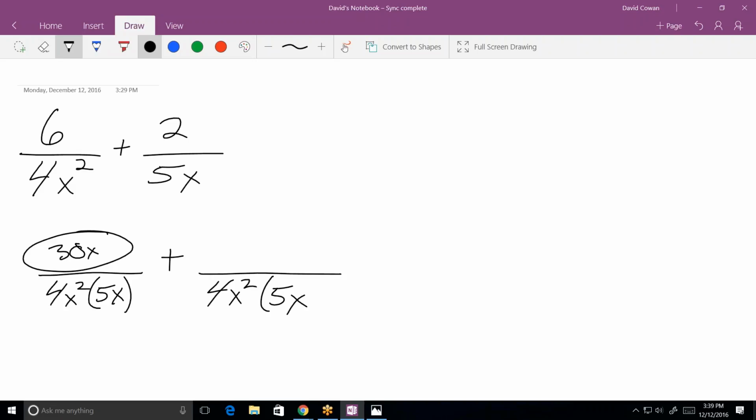Right. Well, in fact, let's write it slightly different. If we write it 6 times 5x, the reason we know that's correct, we don't have to do any math at all, because those two will cross out and you're left with what you started with.